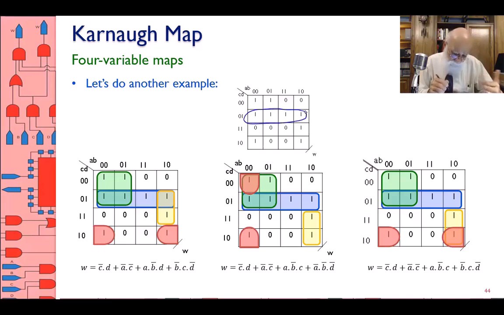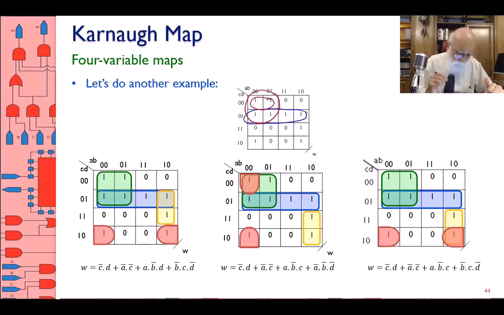Why? Because nothing else completely covers it, and therefore I mark this as a prime implicant. I'm marking all my prime implicants first. And how about this? This is also a prime implicant because nothing else completely covers it.